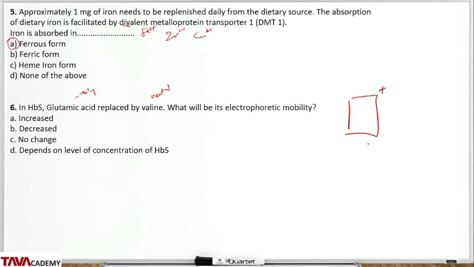So this is the positive pole, the negative pole. So if I put HbA here, the negative charge will move towards the positive side. But HbS, which is here now, because of the valine, it would relatively not move. So the mobility will actually be decreased. So that's the answer here.